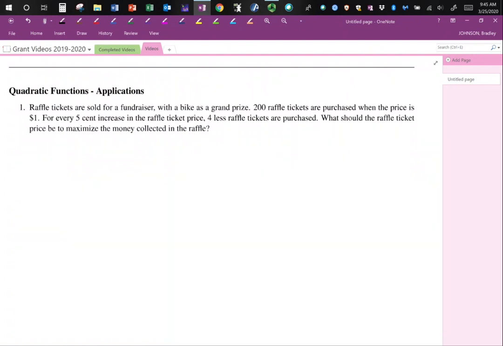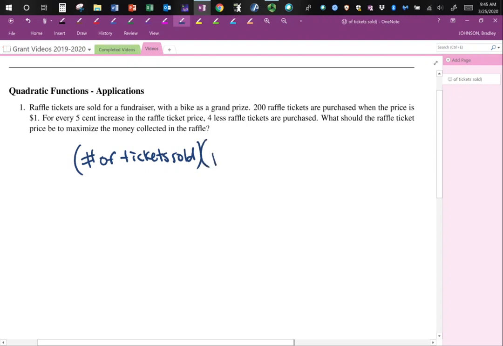Well, first let's think and brainstorm a little bit. If we multiplied the number of tickets sold by the price of each ticket, what would we get?